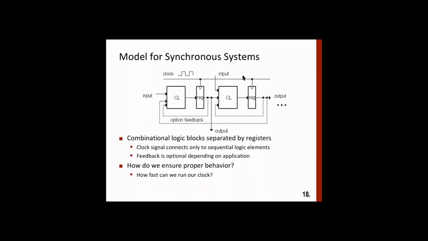Yes, sir. Okay, all right. So we have combination logic blocks, registers, and of course we can have some feedback. Okay, so combination logic blocks are separated by registers, and clock signals are used only in sequential logic elements, obviously, right? Because combination logic circuits don't need a clock, and feedback is optional, right?